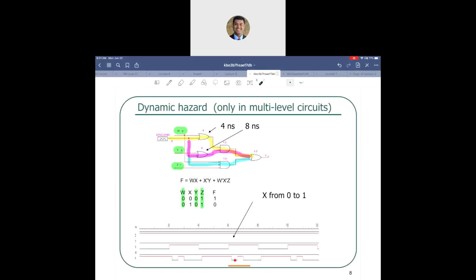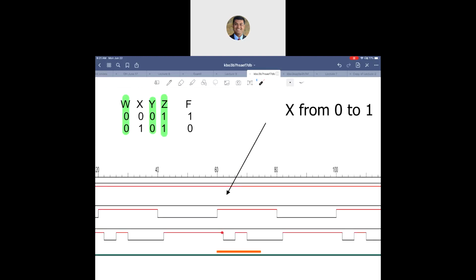But how does it look when x goes from 0 to 1? How does it look in terms of a timing diagram? That change gets reflected at the output multiple times. So f has to go from 1 to eventually 0 in steady state, but it goes from 1 to 0 to 1 to 0. You see, the changes are going to happen multiple times, so multiple transitions at the output.